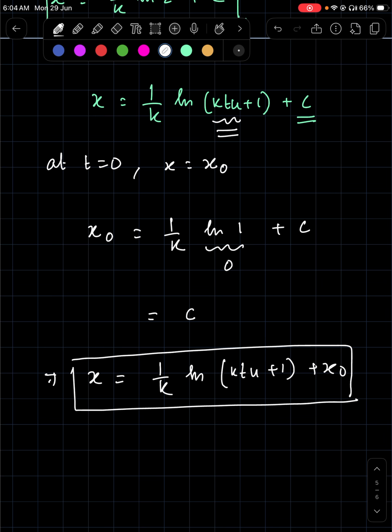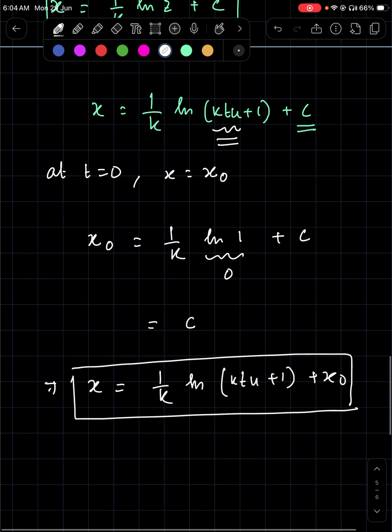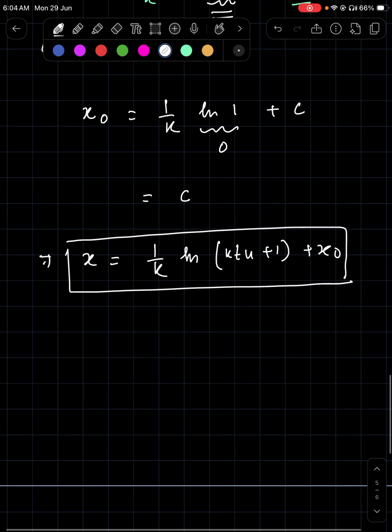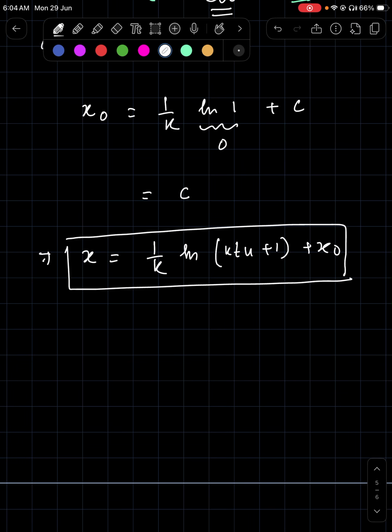So that is the expression of x. It is easily visible from the logarithm behavior that when t is increasing, x is increasing, right? Can you see a very surprising result?